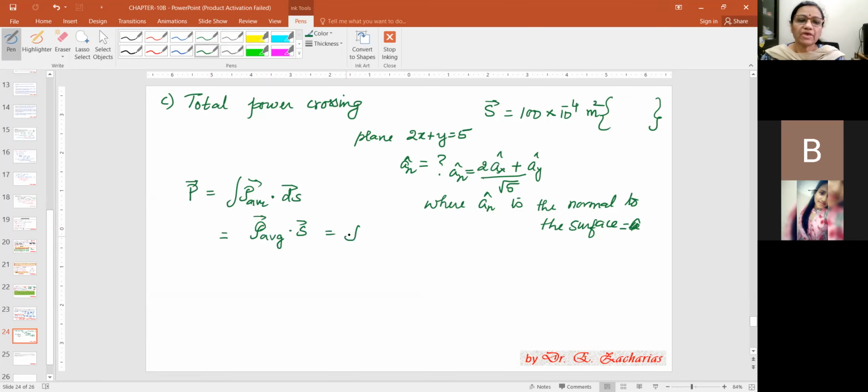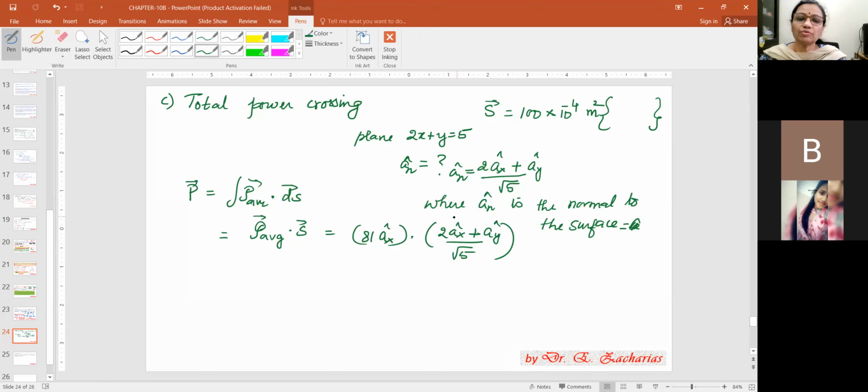Before writing this, let me write what P average is. We did P average in the previous step; it was 81 ax cap, dot S, where S is 2 ax cap plus ay cap by root 5.